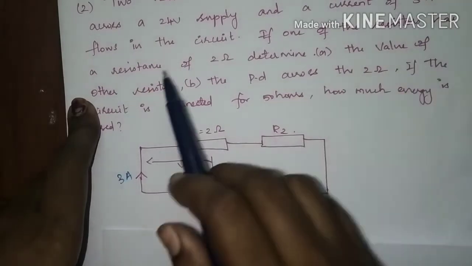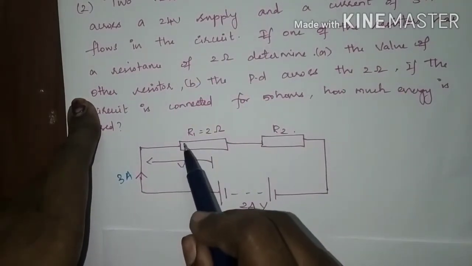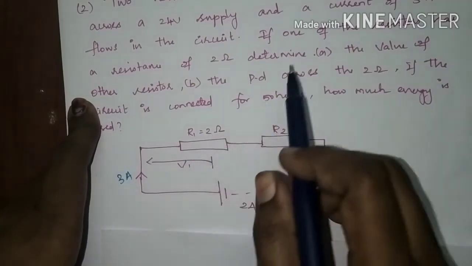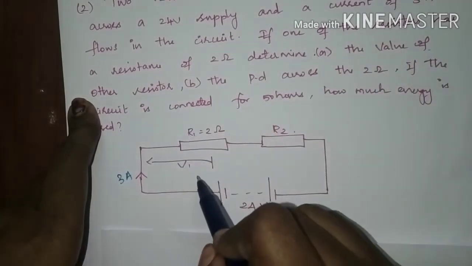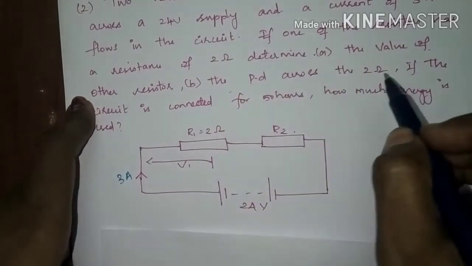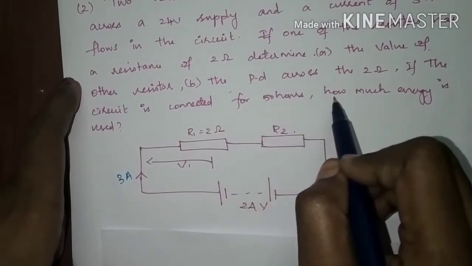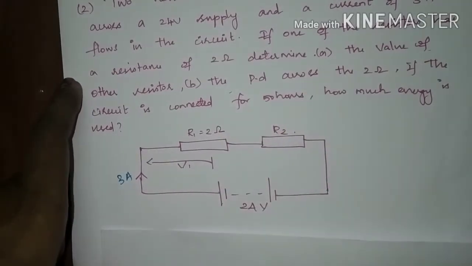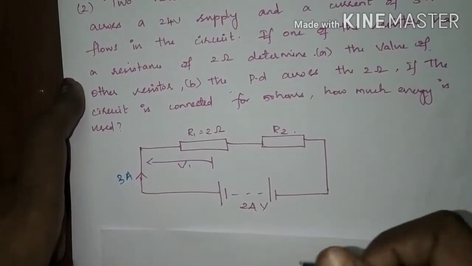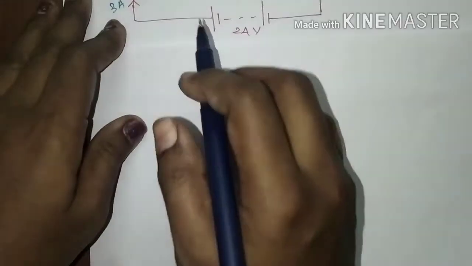If one of the resistors has a resistance of 2 ohms, I am representing it as R1, determine the value of the other resistor, and the potential difference across the 2 ohm resistor. If the circuit is connected for 50 hours, how much energy is used? We have to find the energy also if the circuit is on for 50 hours. It is a very easy problem.